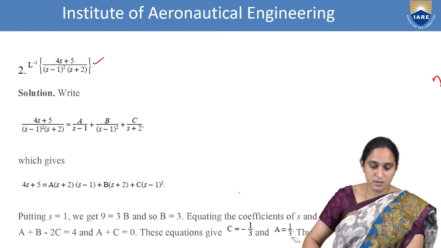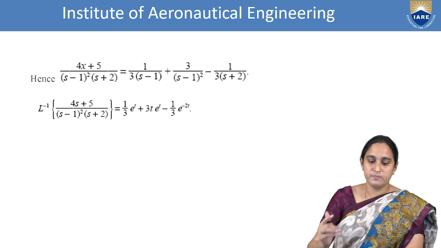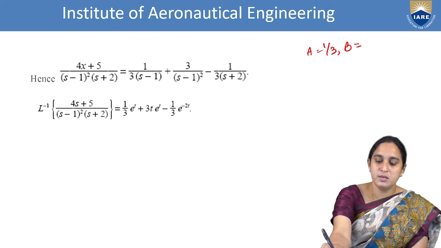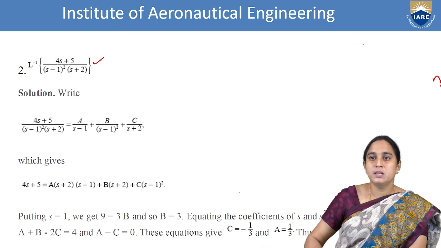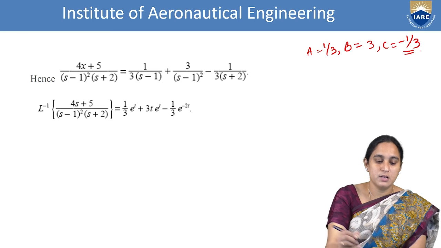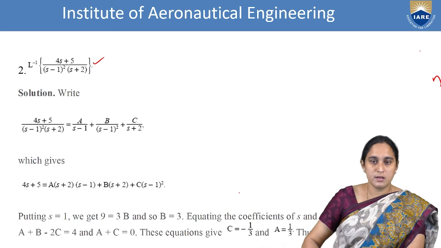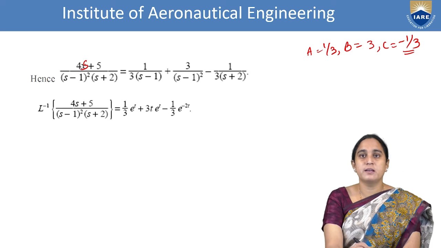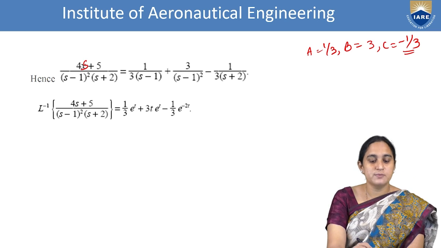Therefore a is equal to 1 by 3 and b is equal to 3 and c is equal to minus 1 by 3. Now substitute all values in the above equation. What is the above equation? That is (4s plus 5) by ((s minus 1) whole square into (s plus 2)) is equal to a by (s minus 1) plus b by (s minus 1) whole square plus c by (s plus 2).